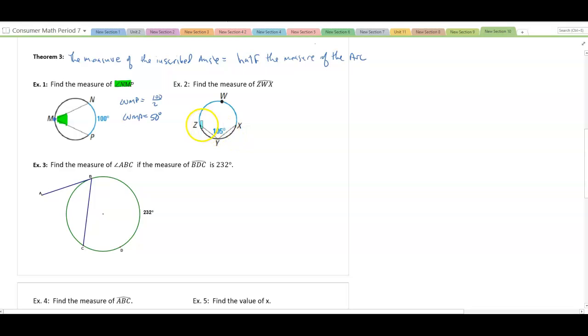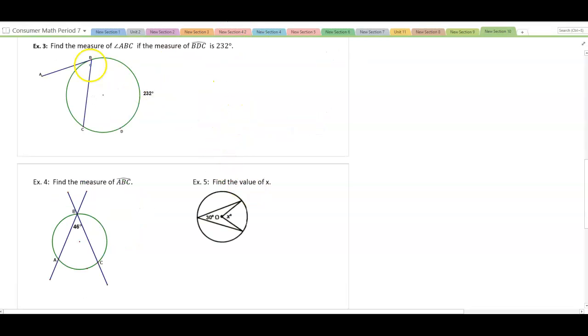The next example, they give you the measure of this angle is 105 degrees. They want you to find the measure of this intercepted arc. Arc ZWX is equal to 2 times the measure of the inscribed angle, which is 105. So arc ZWX is equal to 210 degrees.